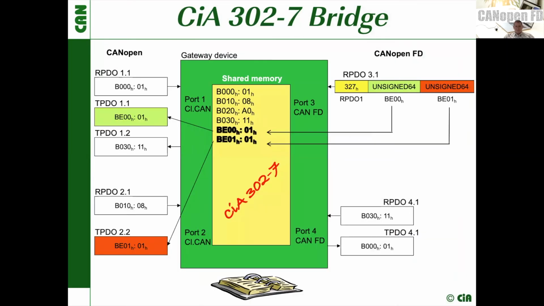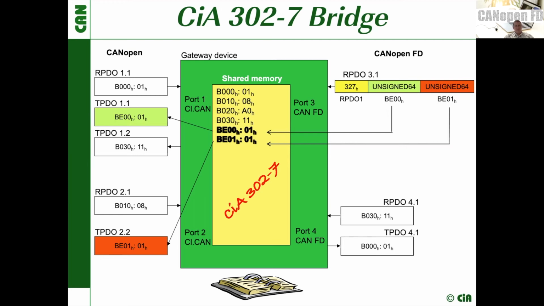Finally, we did some further work with regard to network architectures, and an important device class in network architectures are gateways, bridges, and routers that allow the information interchange between several network segments.